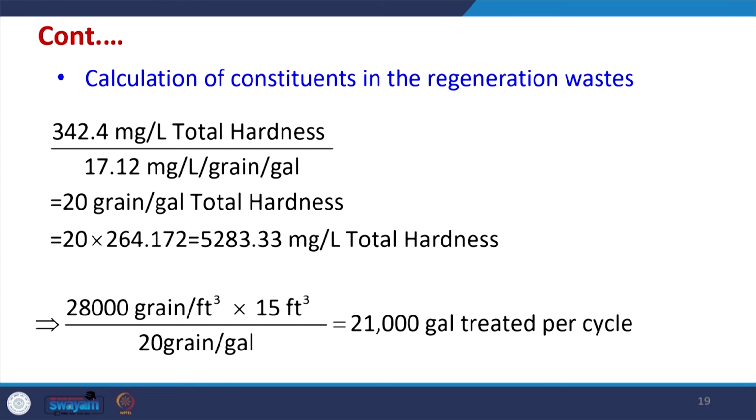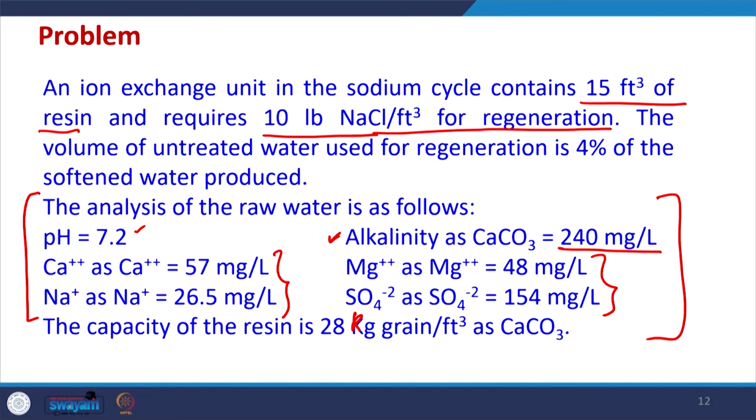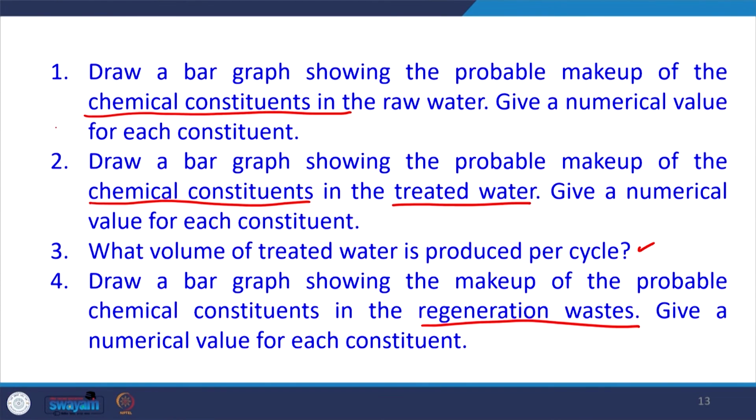So, for determining how much amount of water has been treated per cycle, we have to perform some calculations, and that calculation is what is the total hardness and what is the capacity of our system, because we are using only 15 feet cube of resin. So, this is shown here that we are using only 15 feet cube of resin. So, that data is available.